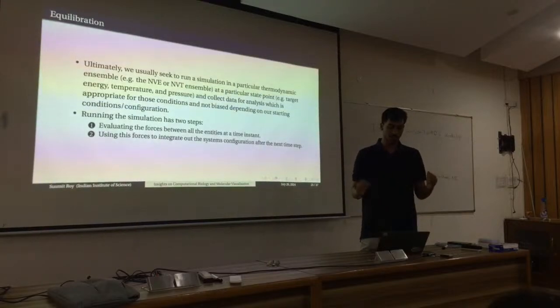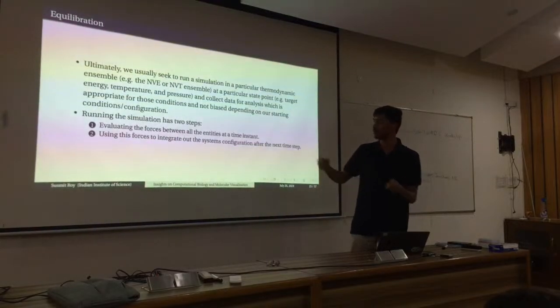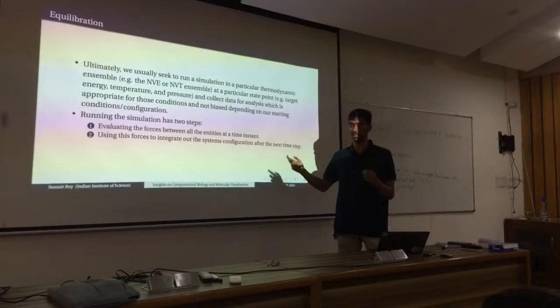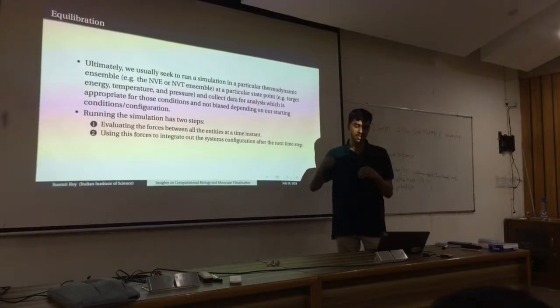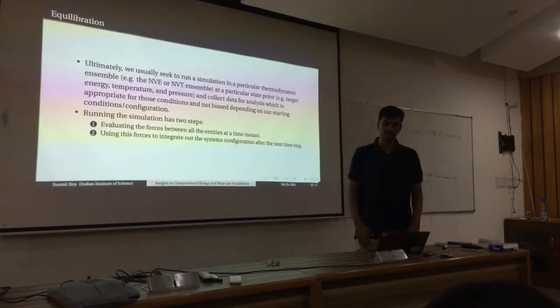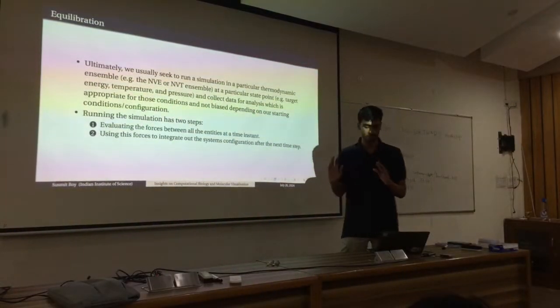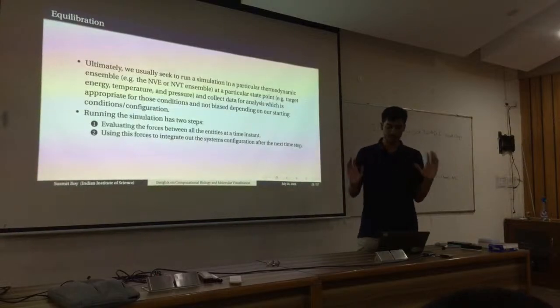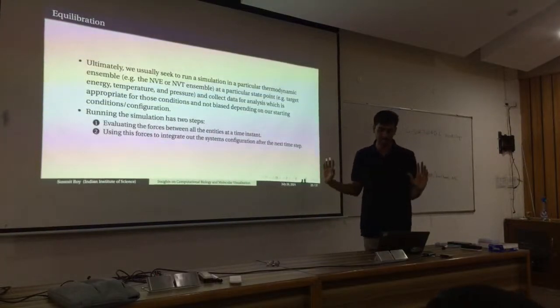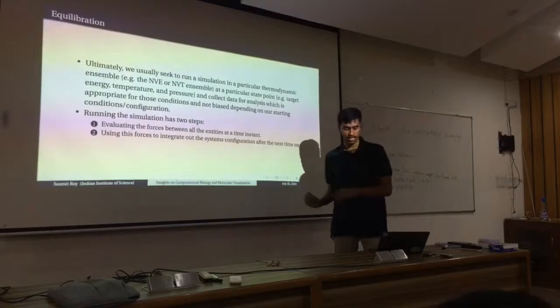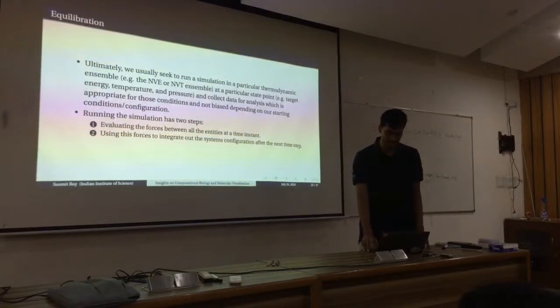You have to run the system and wait for it, so that your macroscopic properties remain constant in time. They will be fluctuating because it's a small system, but on average they should remain constant in time, and you should continue doing equilibration till then.